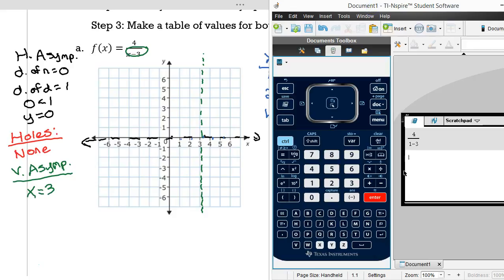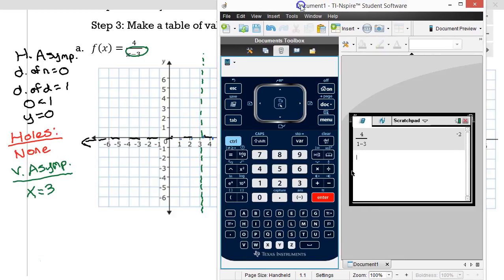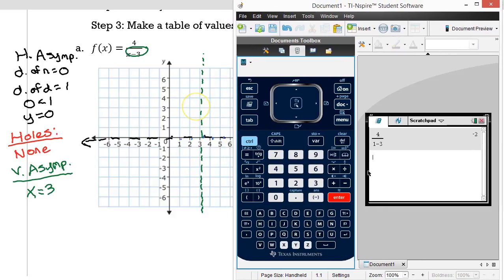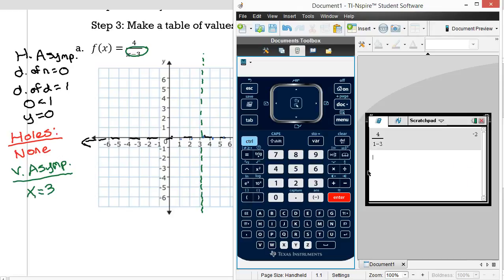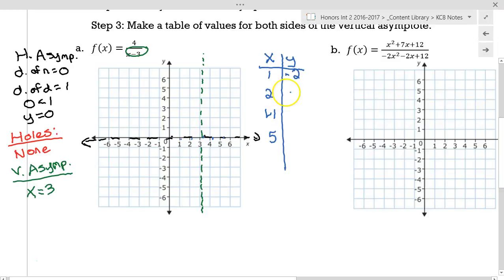And then when you type in 4 over 1 minus 3, if it's not off the graph, you get negative 2. So 1 is negative 2. I'm going to do the same exact thing for 2. 4 over 2 minus 3. And you get negative 4.